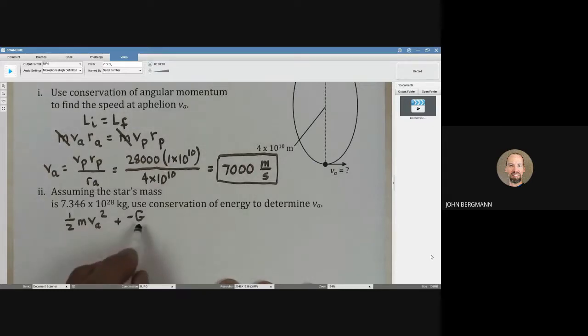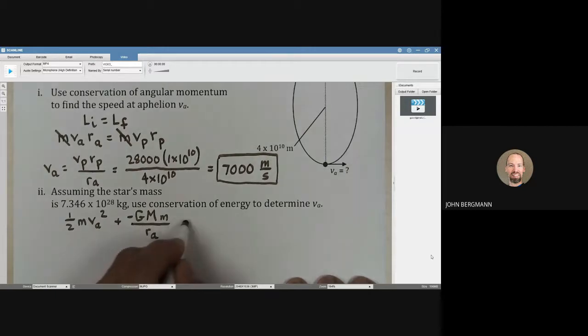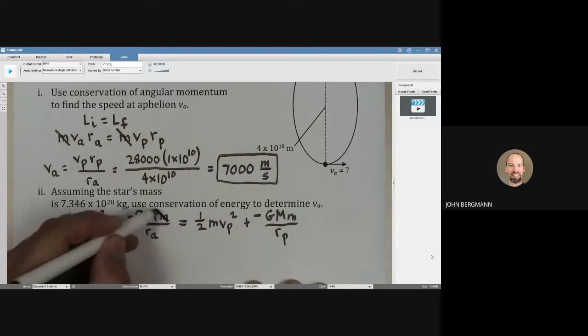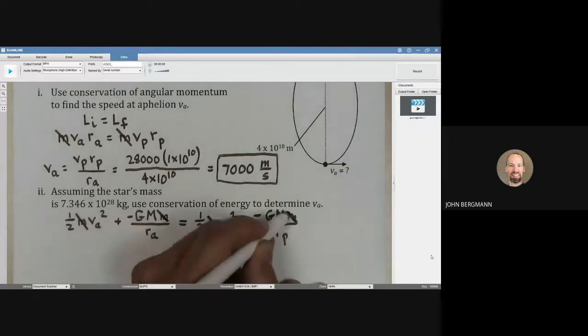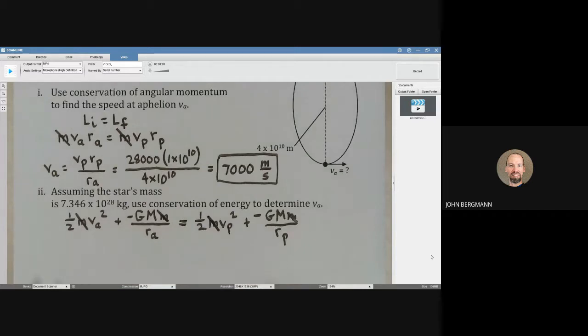So that's going to be G times, I'll call it big M, that'll be the mass of the star, times the mass of the satellite, divided by the distance between them, which is RA. That's the total energy, kinetic plus gravitational potential, when we're at aphelion. When we're at perihelion, it's a similar looking expression. The mass of the asteroid is the same in all of these.